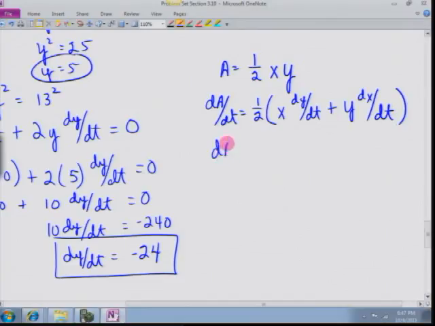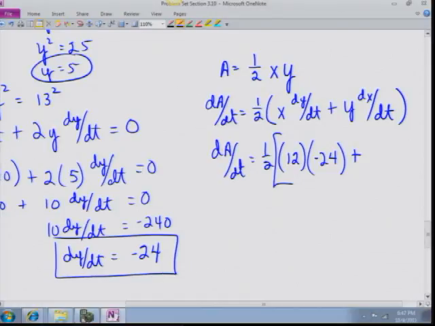Okay. 1/2 times, what's x? 12 times negative 24 plus what? X was 12 up at the original. What's y? 5. And what's dx/dt? 10. So let's see what you get.